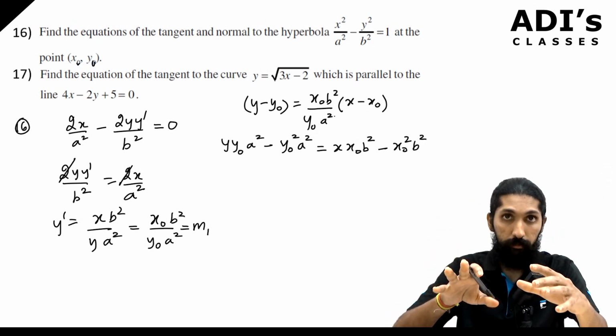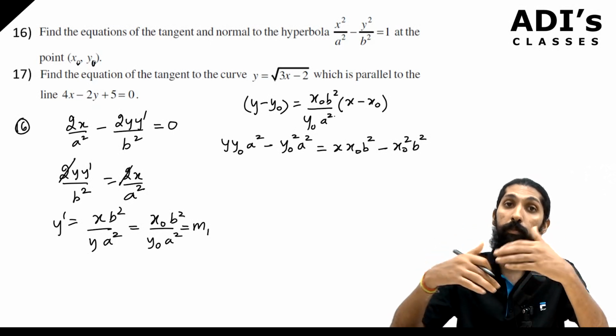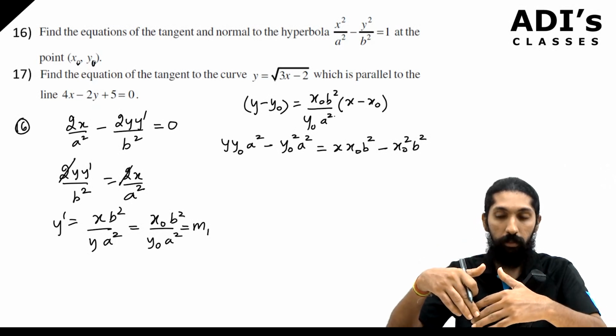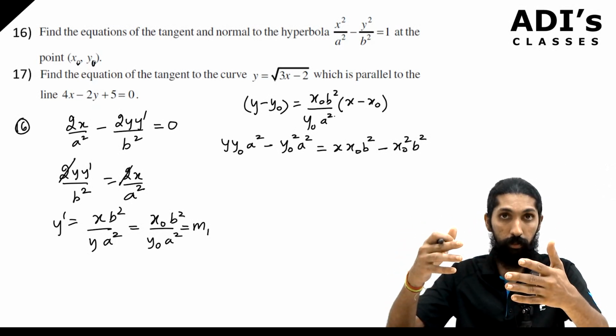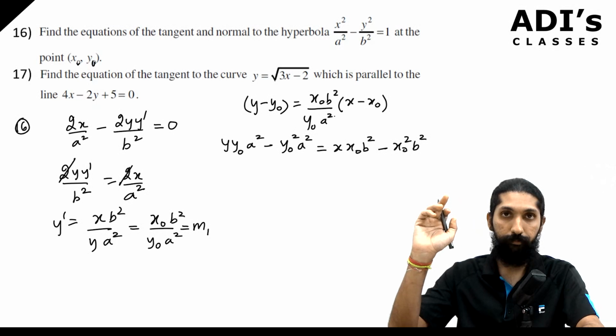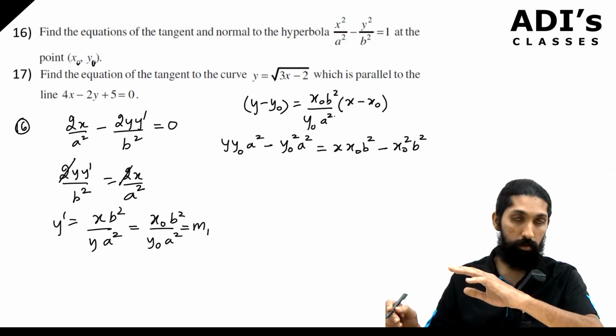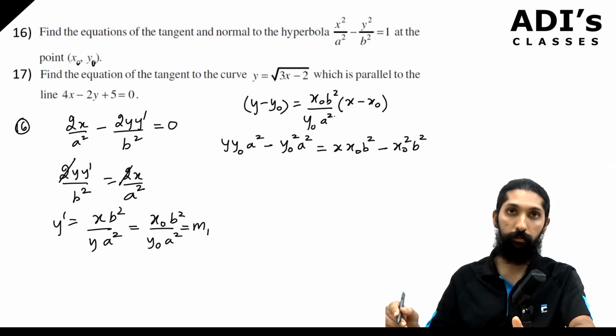Take a moment and try to understand how this multiplication is being done. Cross multiply y naught a square and then y naught square into a square. Same thing on the RHS also. Now, there is nothing common, there is no simplification whatsoever, right?